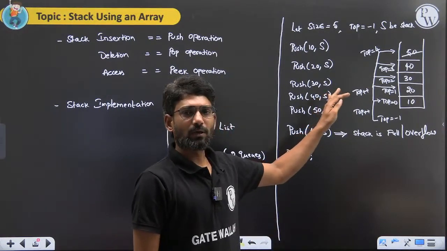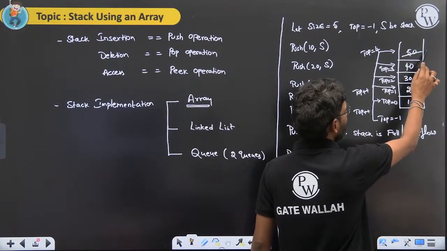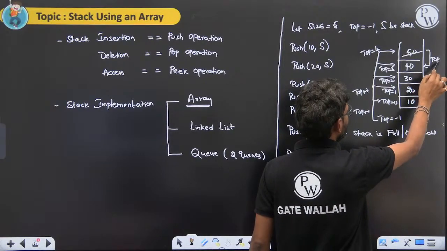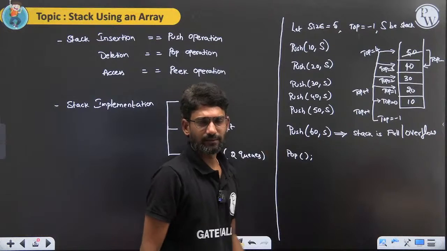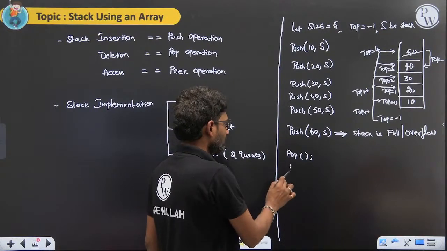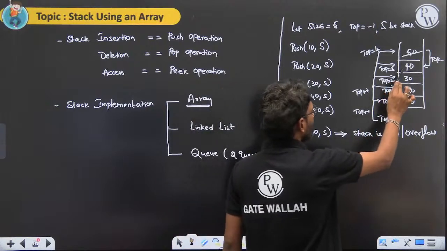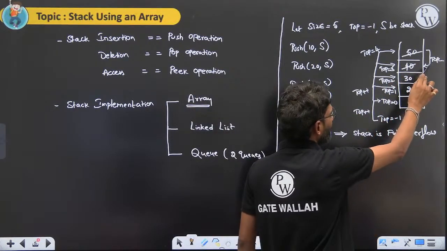So after you delete, top should be decremented. Then only top will be 3, isn't it? Again I pop, so this gets deleted and top gets decremented.